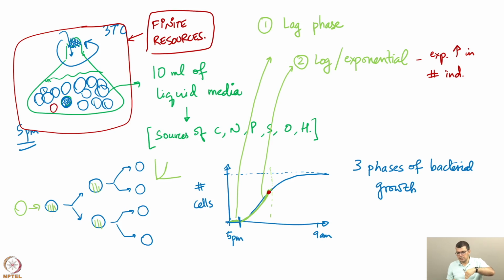Resources are decaying because as the number of individuals increases, the carbon biomass is increasing, and all the carbon and other nutrients have been taken from the media to make these organisms. As a result, the carbon available for the individuals present in the culture, that number is growing, is increasingly small, hence the growth rate begins to slow down. So, there is this slowdown phase at the end of exponential phase, and eventually you reach the third phase, which is the stationary phase.